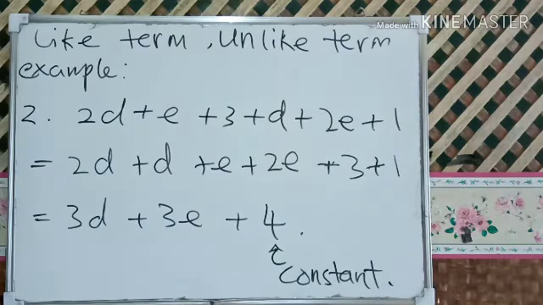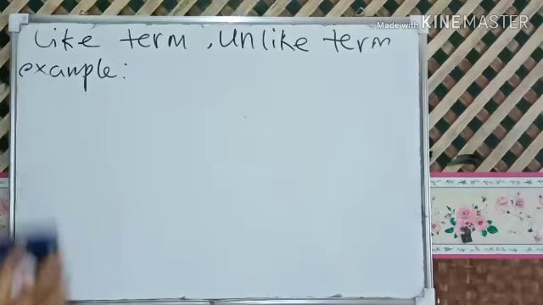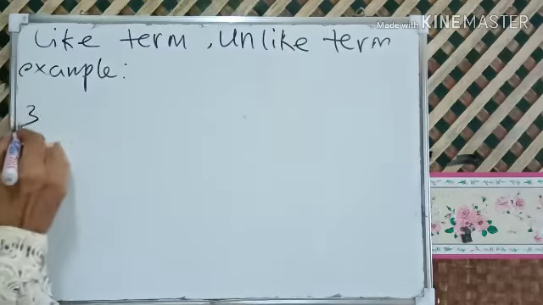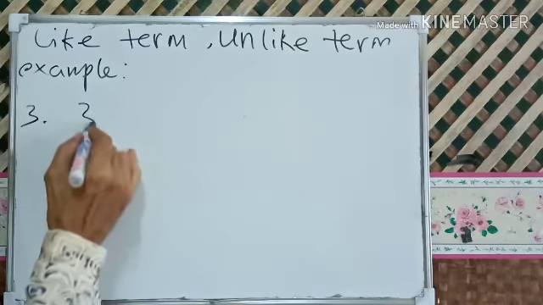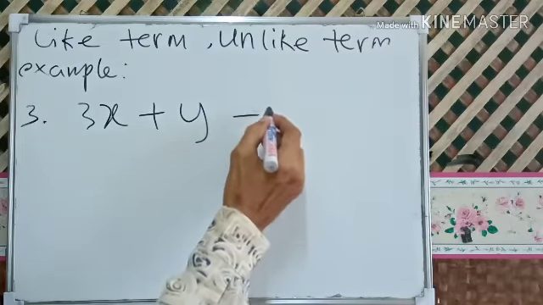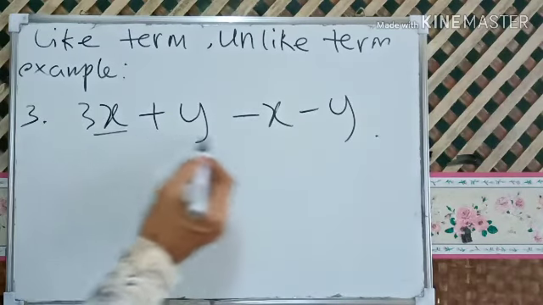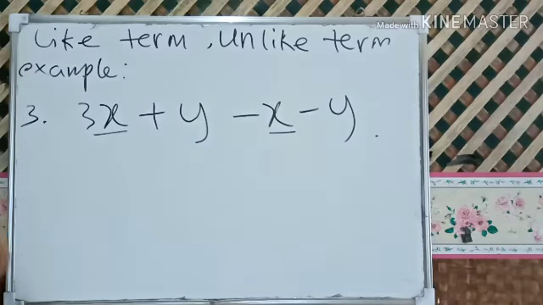This is addition for like terms. We use the same rule for subtraction. Subtraction uses the same method, same way, same rule. For example, x plus y minus x minus y. We still use the same variable, like terms.